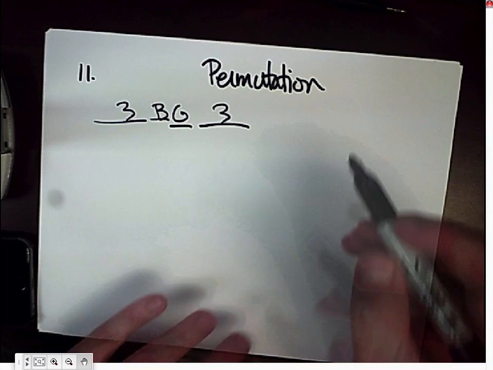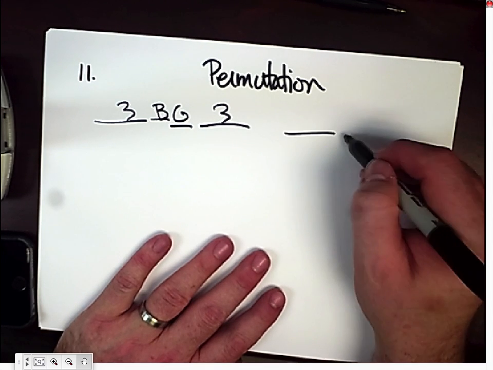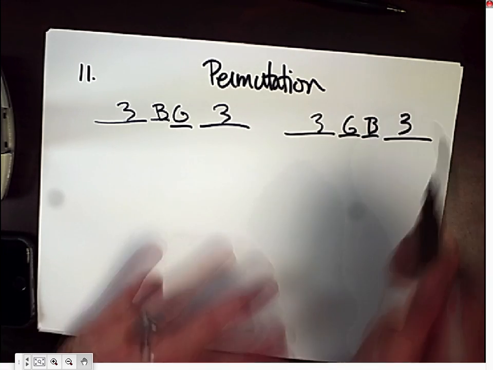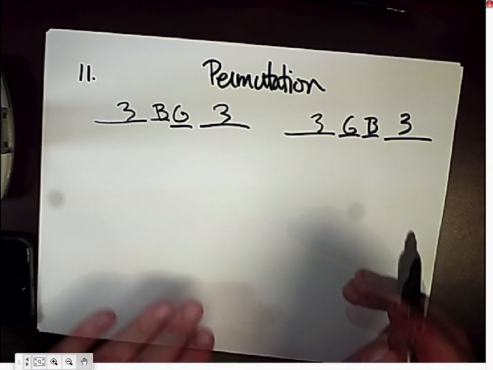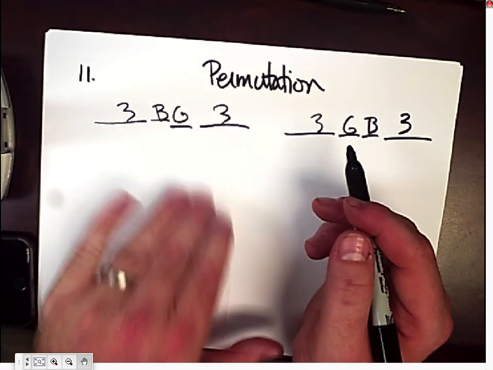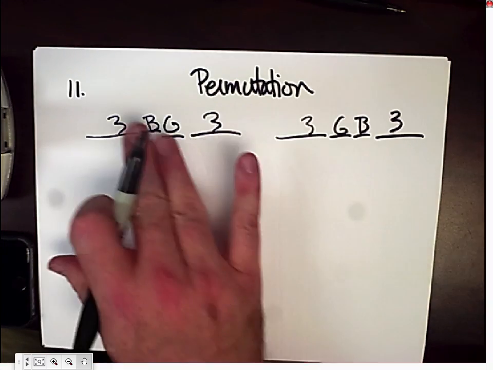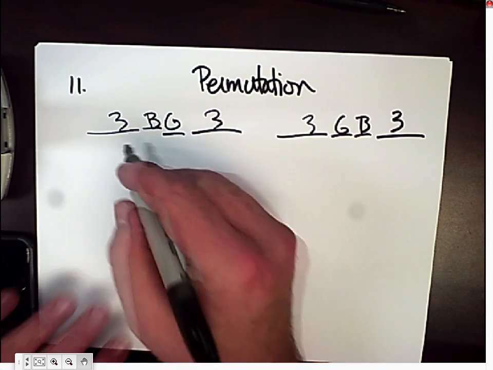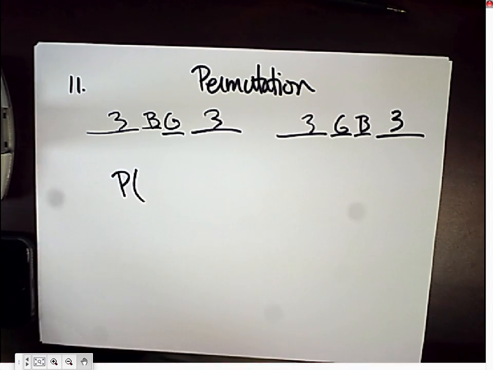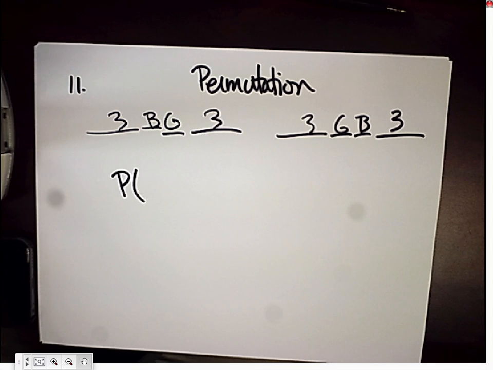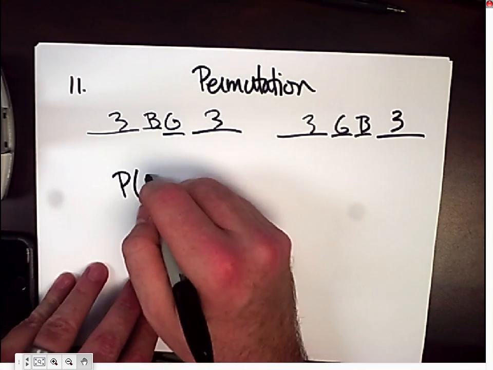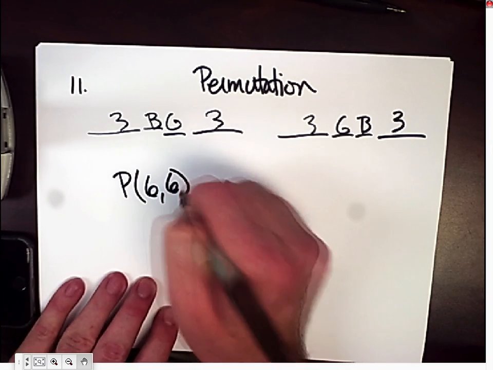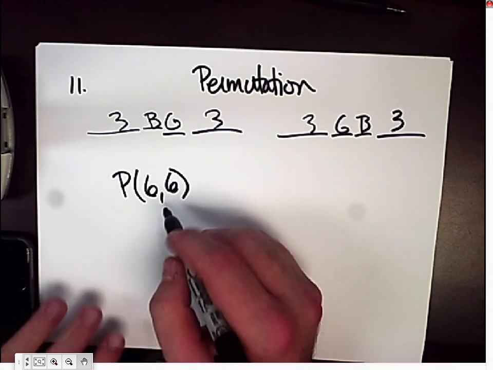But you could also have the groom on the left, the bride on the right, and 3 and 3, right? So really, it's like you take them out of the picture. You're just wanting to know how many different orders can these people stand in, right? So that's the permutation of how many choices do you have? 6. And how many are you going to put in order? All 6, right? So what is that formula?